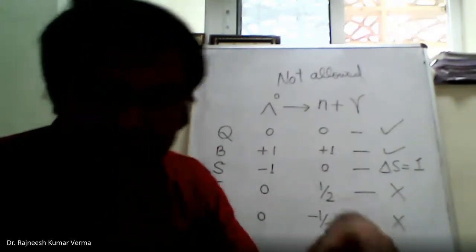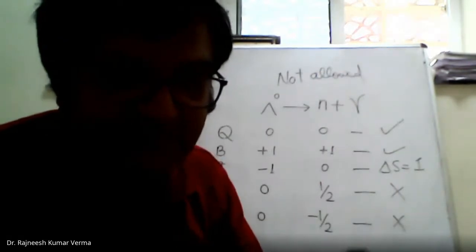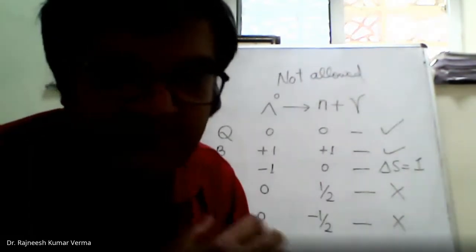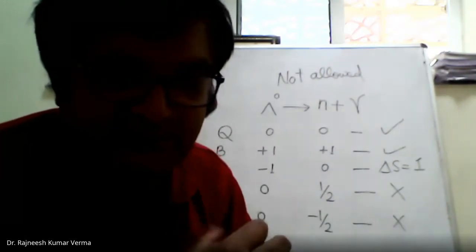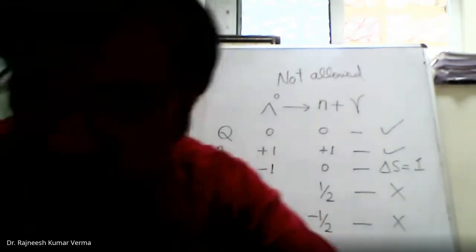So we have one set of quark family, up and down quark, and another set of lepton family, electron and neutrino.